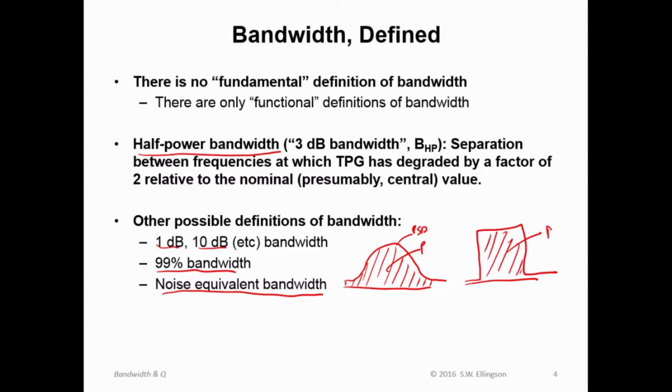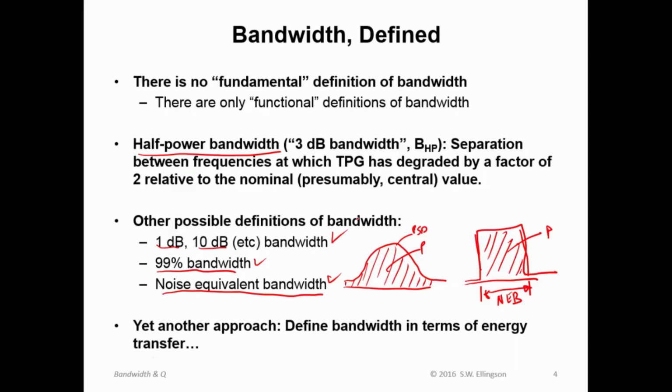Well, then I still have power P. I've just rearranged it so that it has this brick wall response. And the new frequency separation is this. This separation is the noise equivalent bandwidth. That's what we mean by noise equivalent bandwidth. So that's a perfectly reasonable definition as well. So noise equivalent bandwidth, 99% bandwidth, 1, 3, 10 dB bandwidth. These are all definitions that are commonly used and have applications.